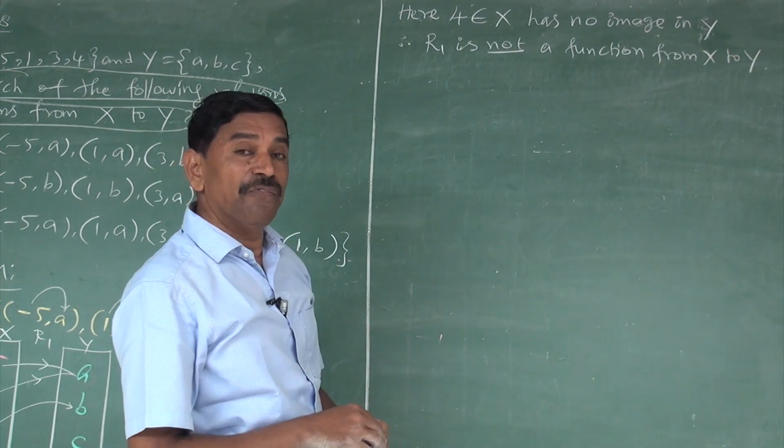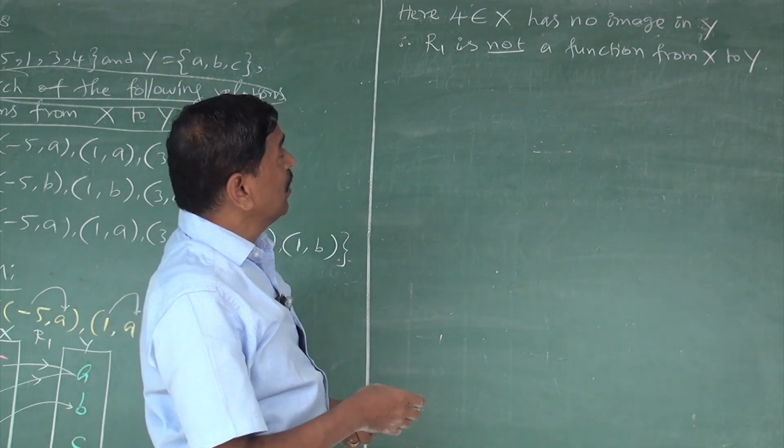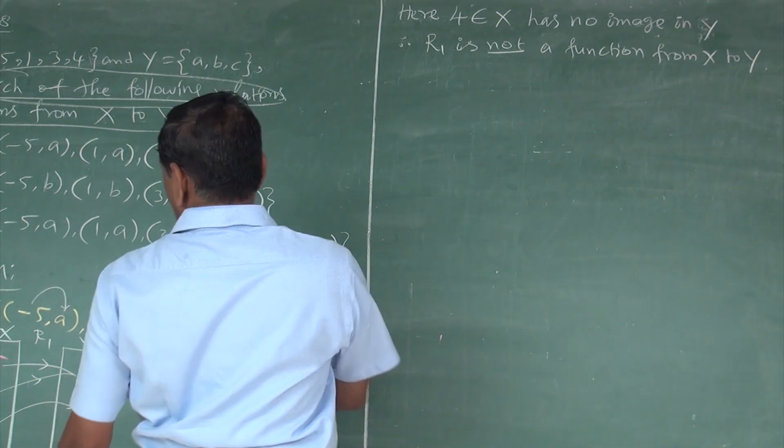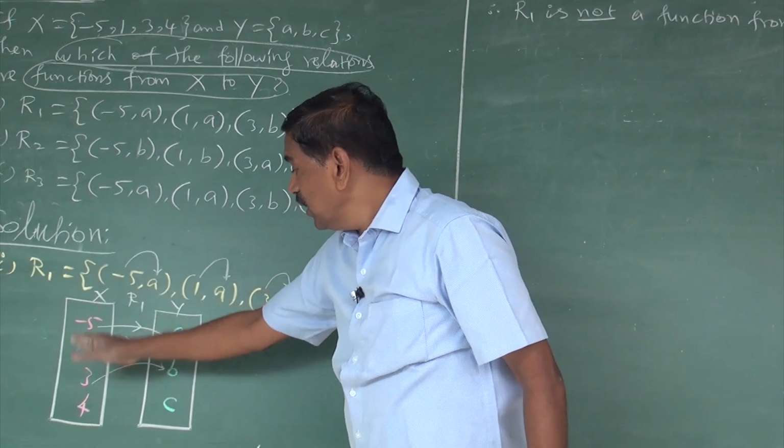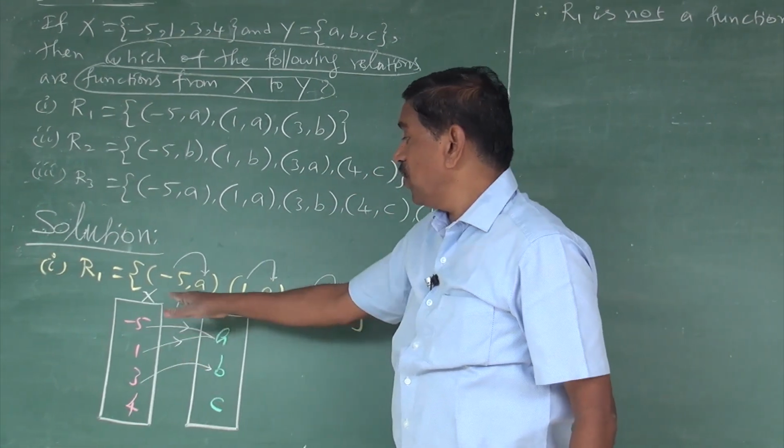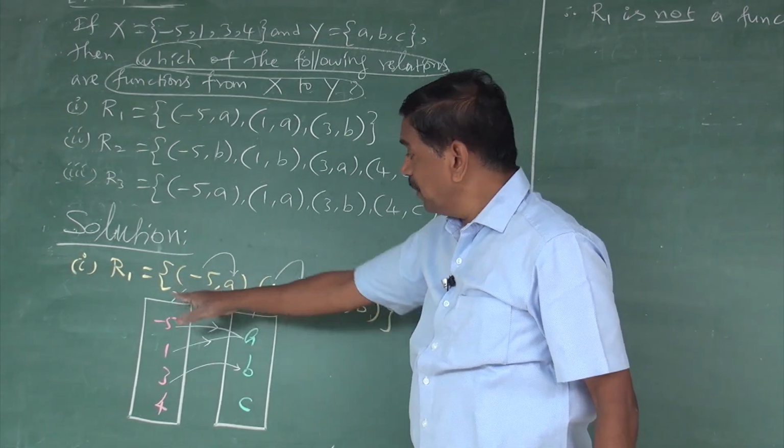R1 is not a function from X to Y. What is the reason? The element 4 belongs to X, has no image in Y. Therefore, R1 is not a function from X to Y.